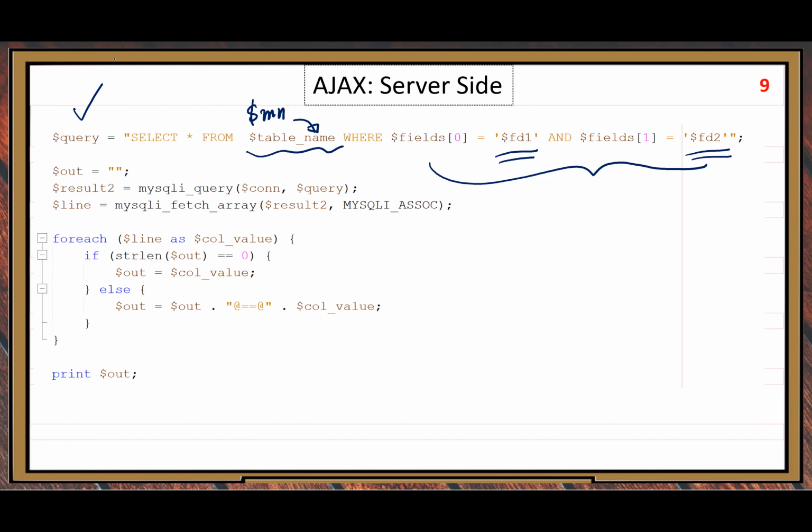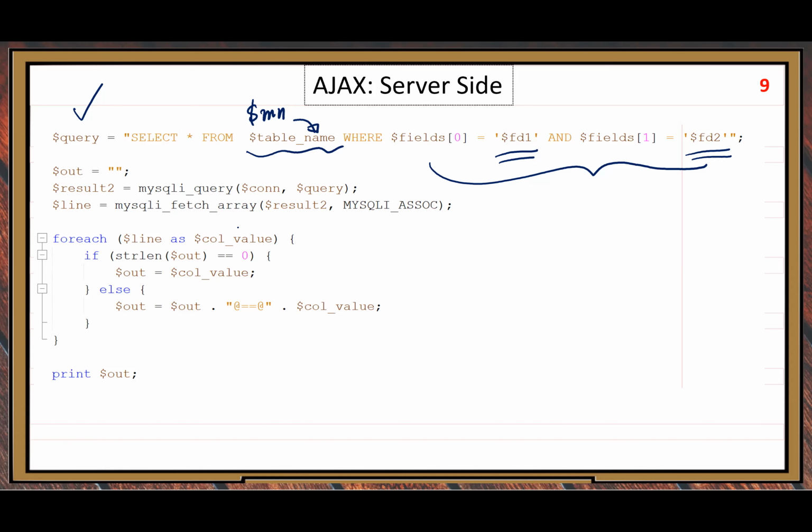Next, we need to send one string, because we can only send one string back to the client. That one string needs to contain multiple column values.